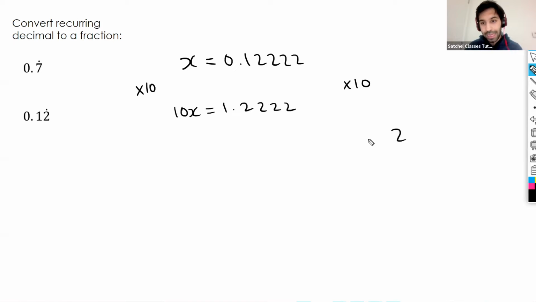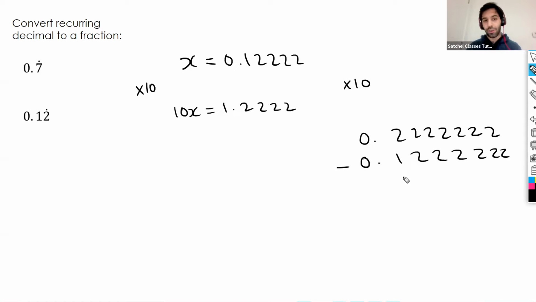Think about it as 1.22222 take away 0.122222, which is not going to give us 0. So we won't be able to get rid of the recurring decimals just yet. So if I just delete all of this.